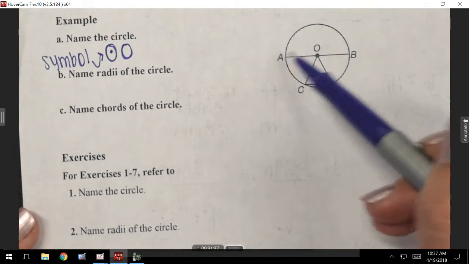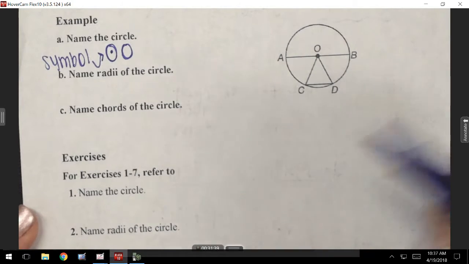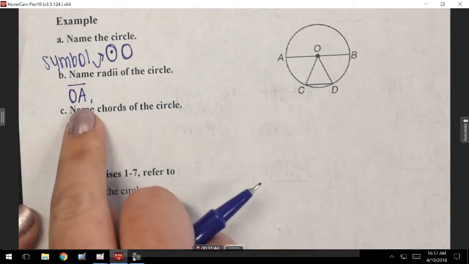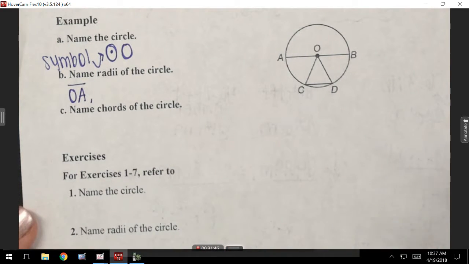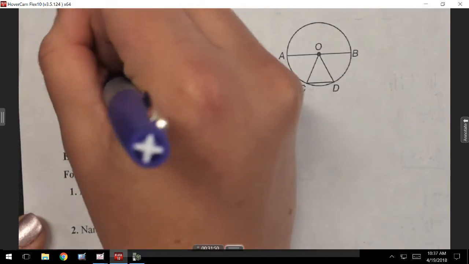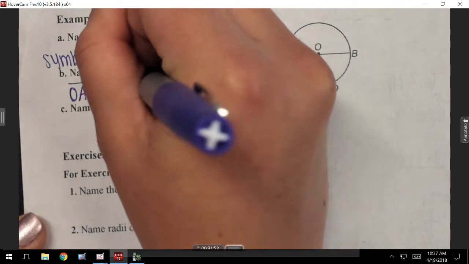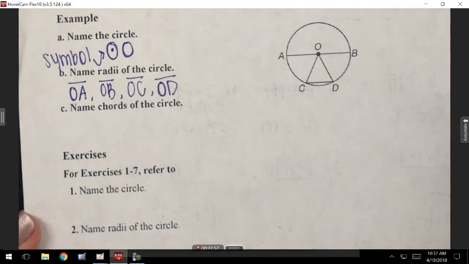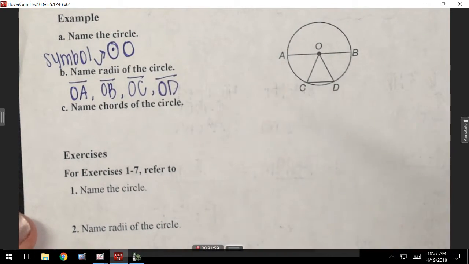Could you also call it AO? Yes, you could. So it's just like a line segment. Remember how we used to write line segments like this with the bar over it? That's one radius. Name another one. I heard OB and OC and then I also heard OD. Yep. So are all 4 of those things congruent?